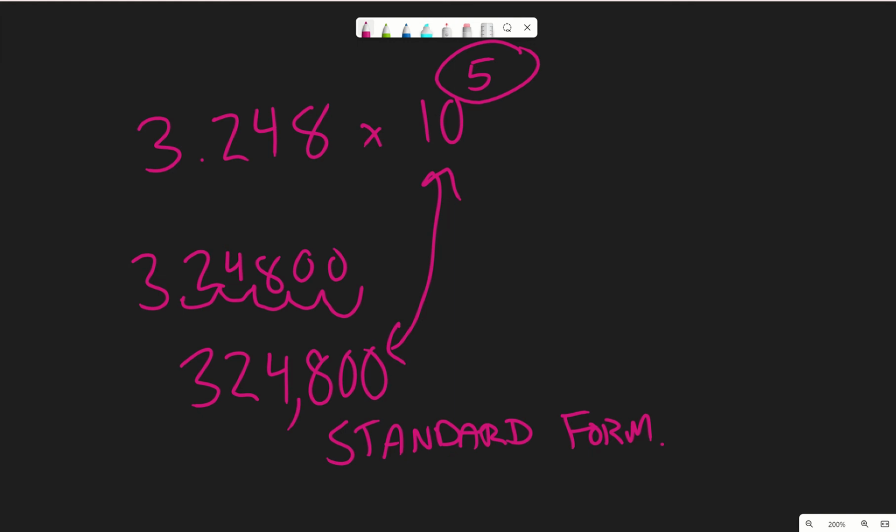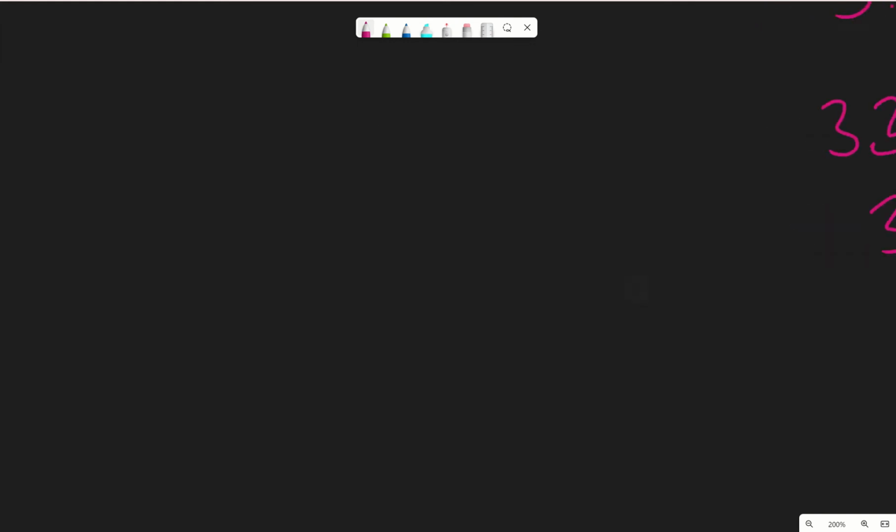All right. Let's say I want to go from standard form to scientific notation. Let's say I have a really big number here, 958 million. And I want to put this into scientific notation.